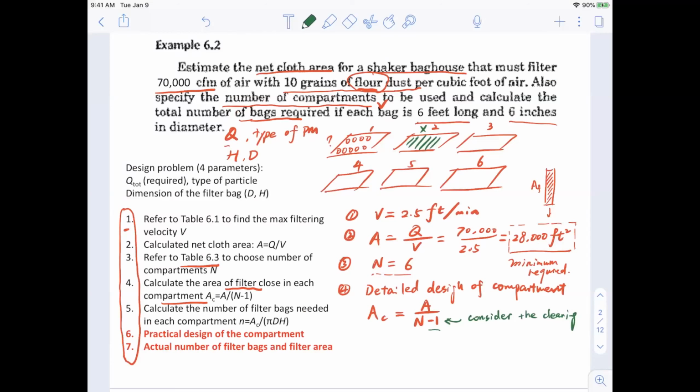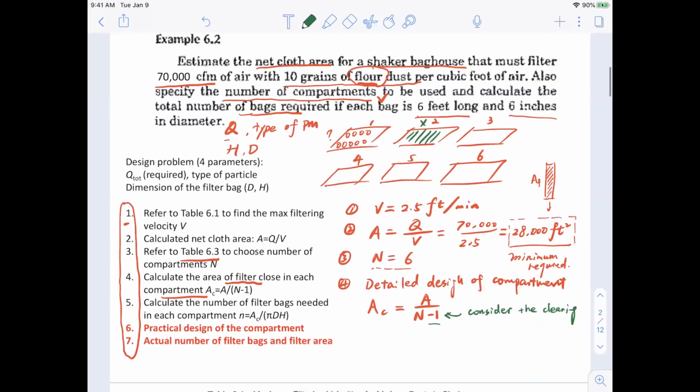We cannot just design exactly 6 compartments. If we remove one, that's going to cause a higher pressure, or a higher velocity there. So what this means is that we have to make sure that the remaining 5 compartments can still provide the same minimum area that's required for this entire system, right?